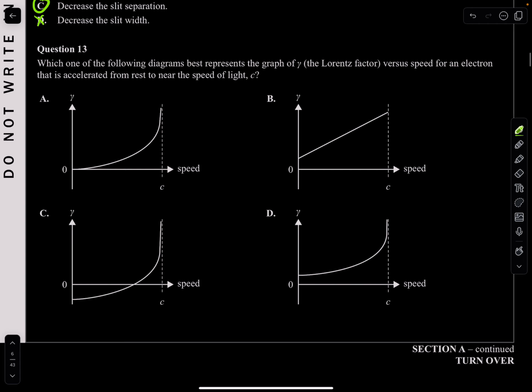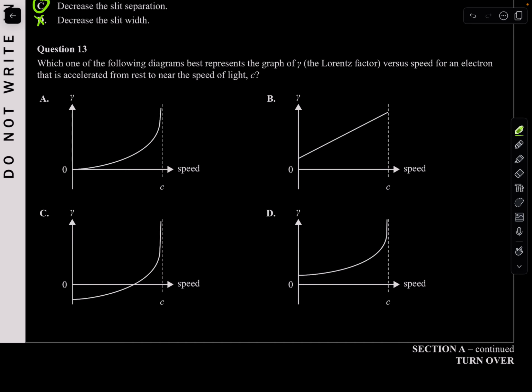13. Which of the following diagrams best represents the graph of the Lorentz factor versus speed for an electron that is accelerated from rest to near the speed of light? I remember doing this question with some of my students, and those who did Methods found it helped them a lot. I'll show you how to look at it in terms of equations.